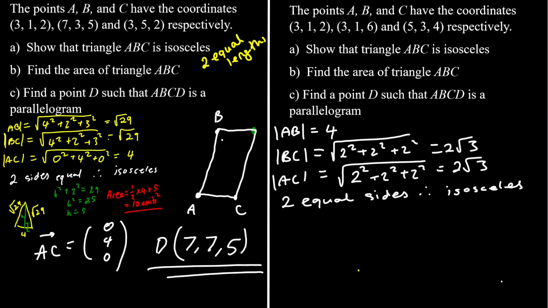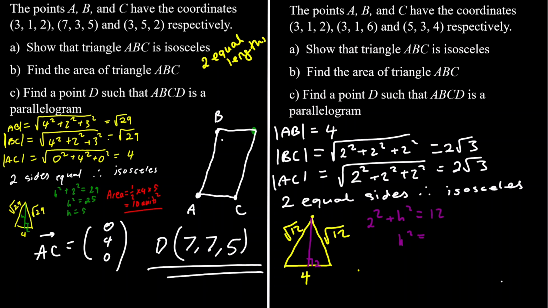Find the area of the triangle ABC. So we have a base of 4 and 2 square root 12s. So let's find the perpendicular height, splitting it in half to make a right angle triangle. 2 squared plus h squared equals root 12 squared.